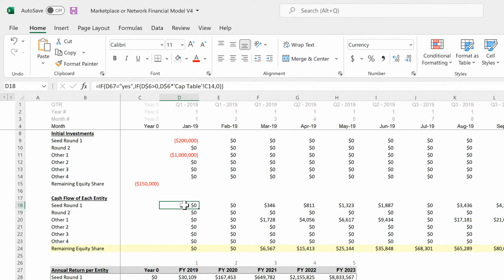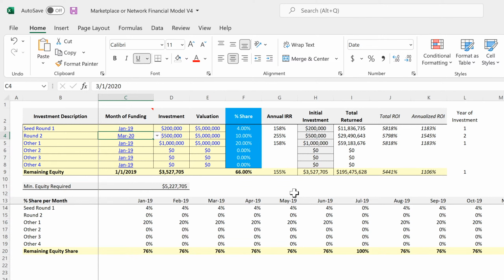Okay. And then here's my running share. So this is the share, but you can see, why is this one 0?